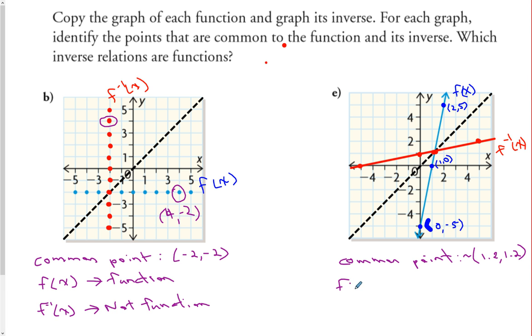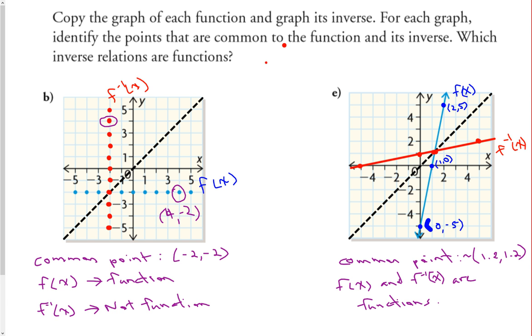In this case, both of them are functions because they both pass the vertical line test. So I'm going to say they're both functions because both pass the vertical line test.